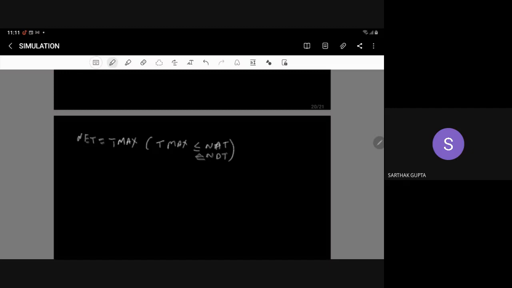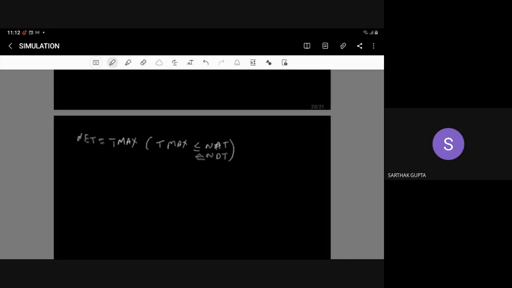Then we always take the Tmax first. If Tmax is equal to NAT is equal to NDT, you do not take the arrival and departure; you take only the Tmax.